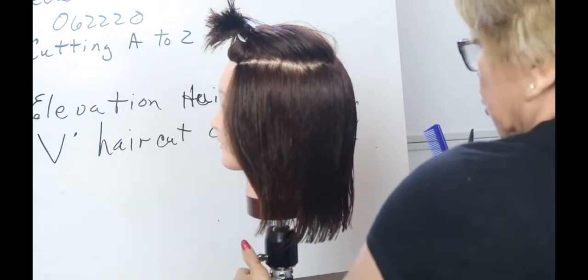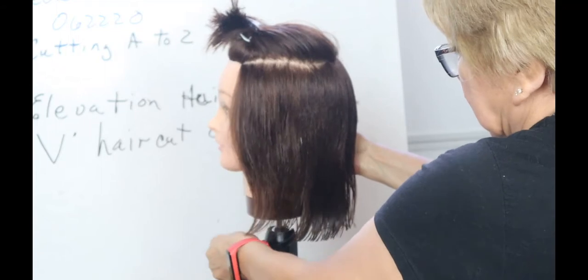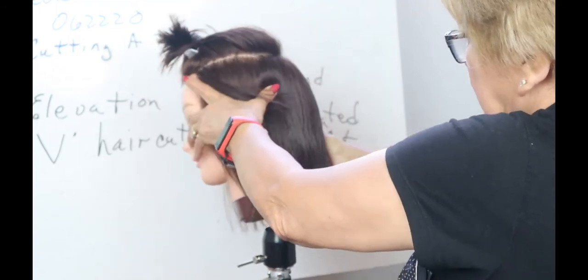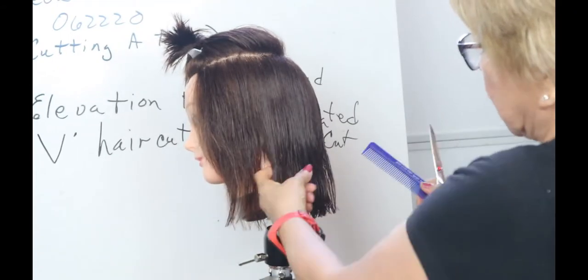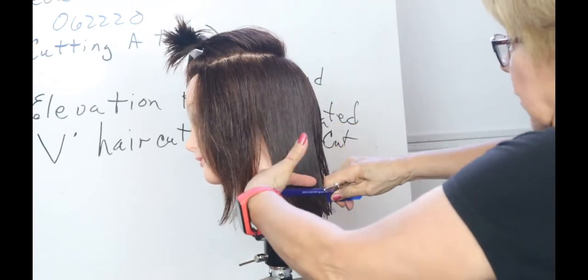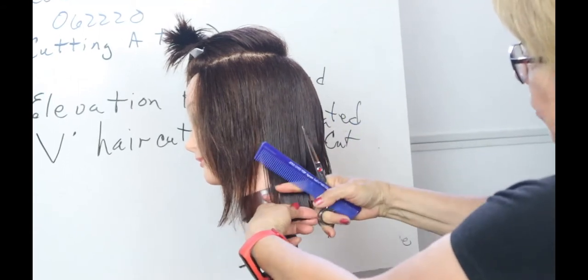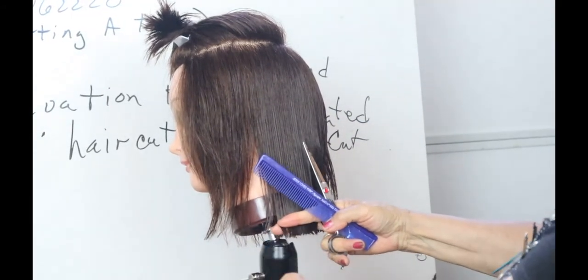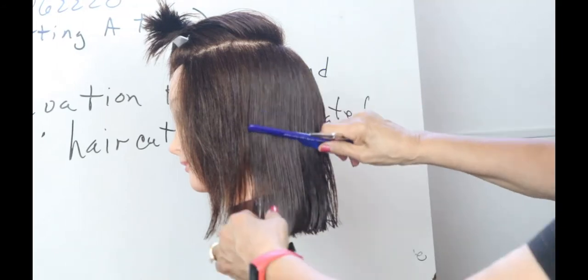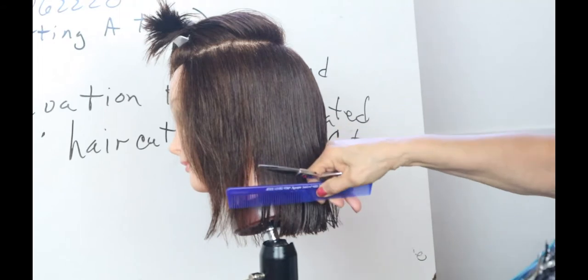So I'm going to shift my mannequin forward, as soon as I can get this to move forward. And I'm going to comb this right at that area, straight down into it. And there's a slight, I don't know whether you can see it or not, corner. That's because we went from this direction.